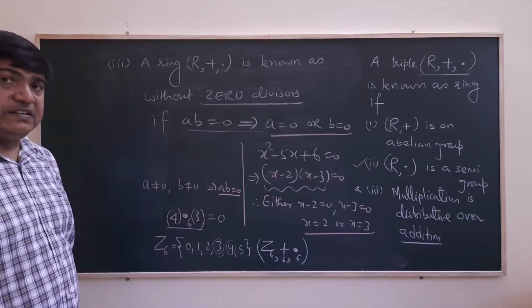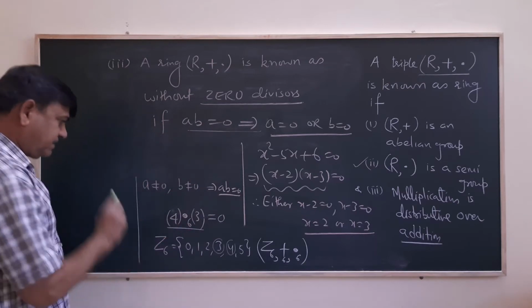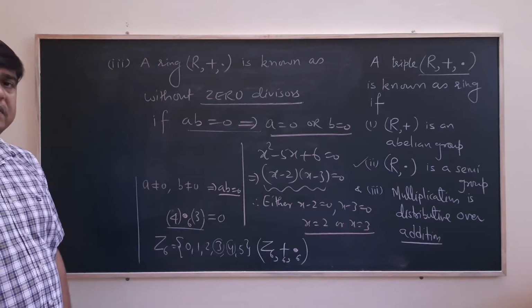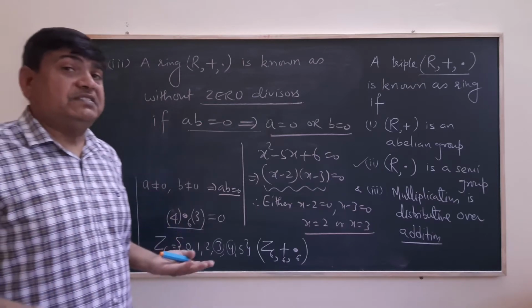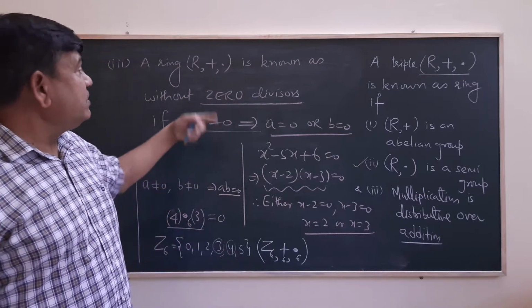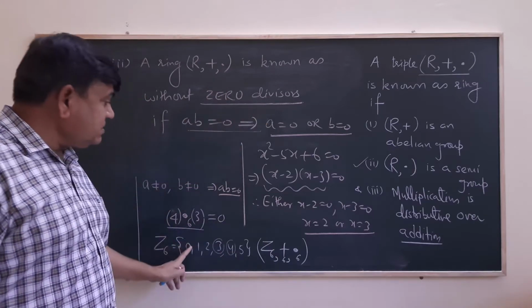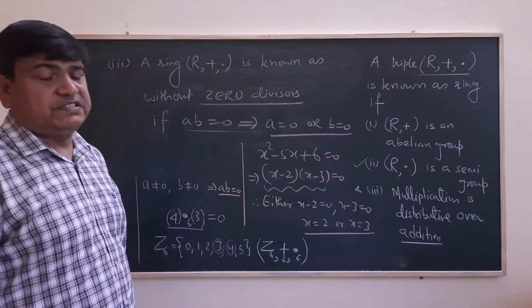Yesterday it was explained. This is a specific property. This is called a ring with 0 divisors. Here it is a ring without 0 divisors, and here it is a ring with 0 divisors.